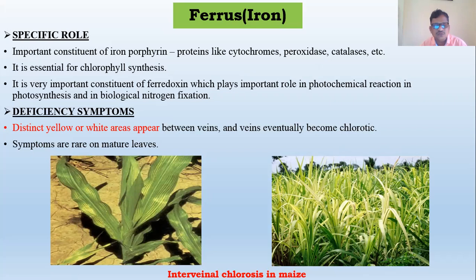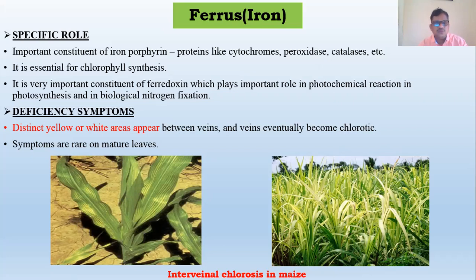It is nothing but the fixation of atmospheric nitrogen by leguminous plants with the help of nodules present on the roots. By using that, they are able to fix atmospheric nitrogen. So in that process also iron plays an important role.